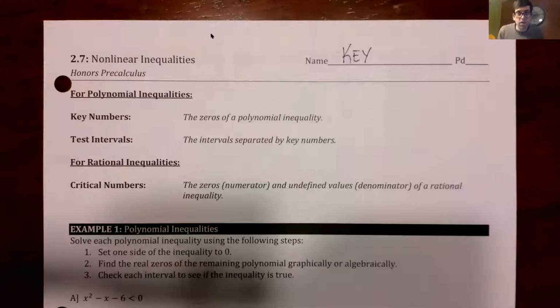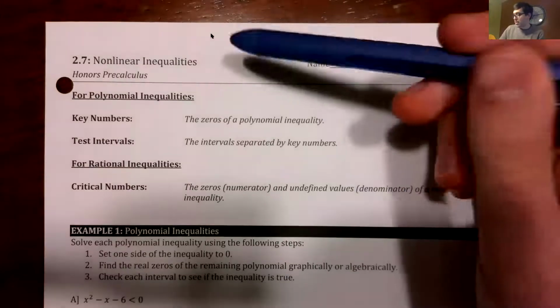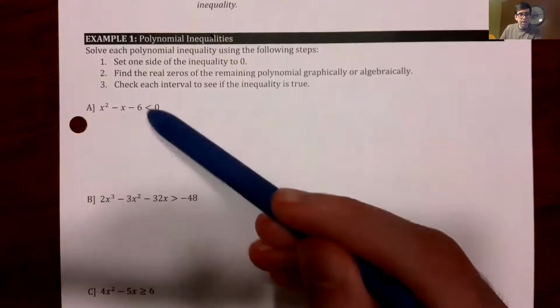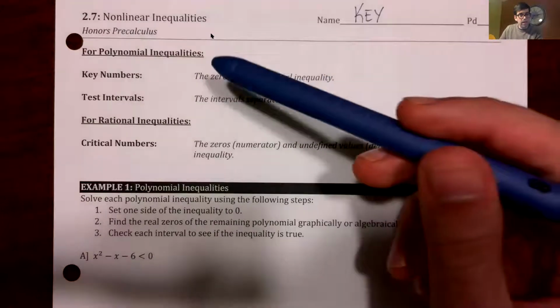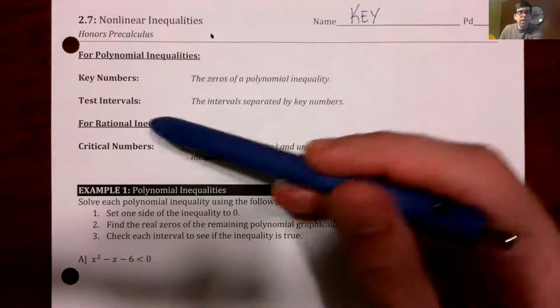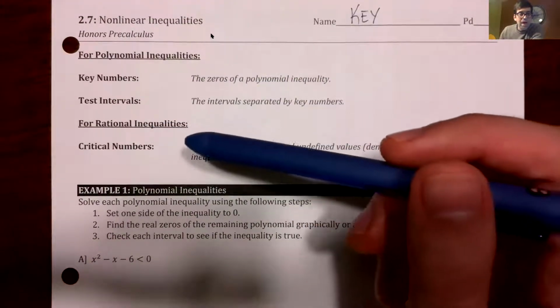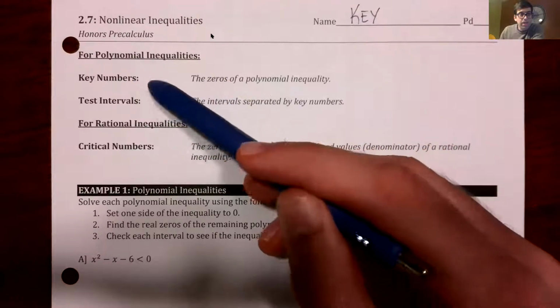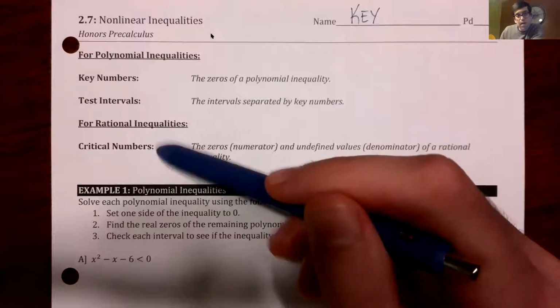All right, so here are our 2.7 notes on nonlinear inequalities. You can see all of these examples are not linear and they are inequalities. So we'll be solving each of those. And so for polynomial inequalities and rational inequalities, we have some new vocabulary, and we have these things called either key numbers or critical numbers.